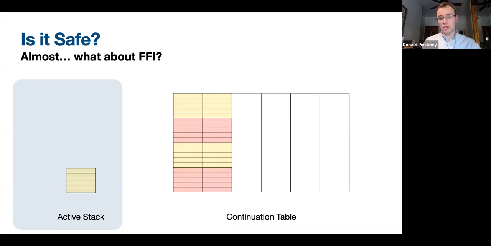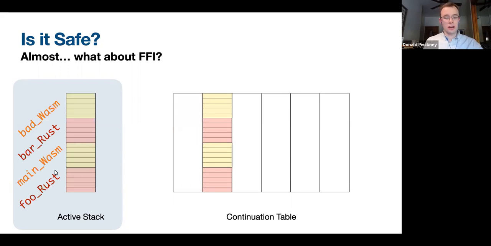Well, it could copy that captured stack, and that would potentially include the Rust stack frames. Okay, and then after this, it could restore this stack. So now it's going to restore here. Now we've jumped execution back to be inside the bad Wasm function.